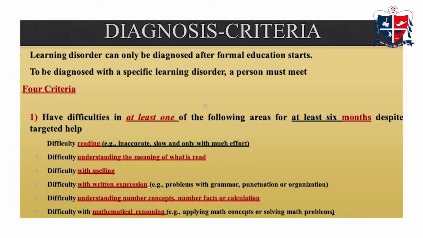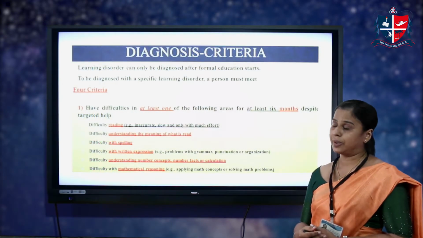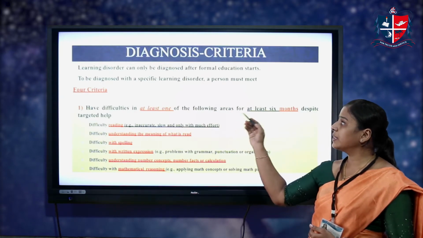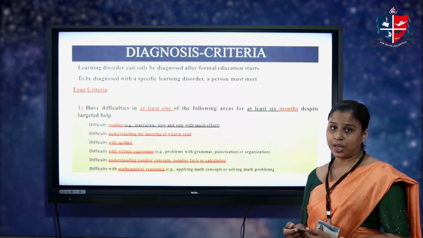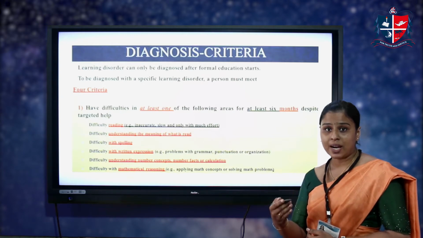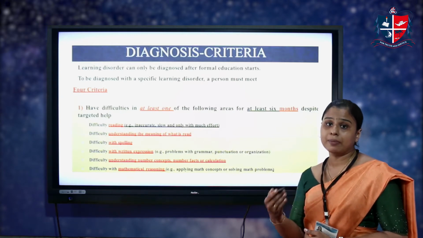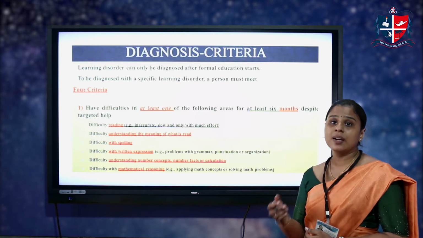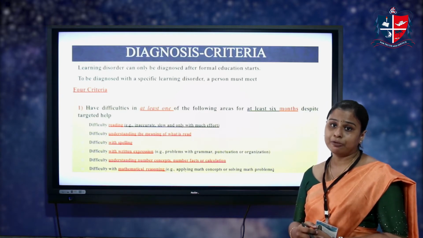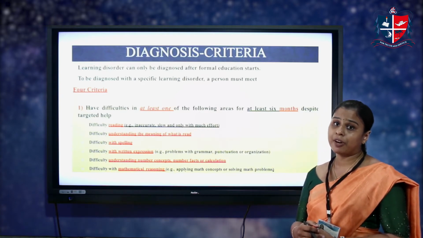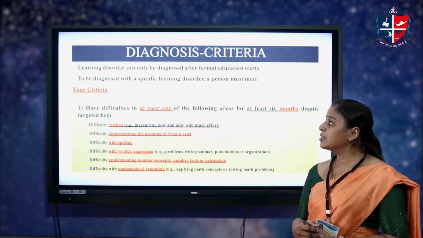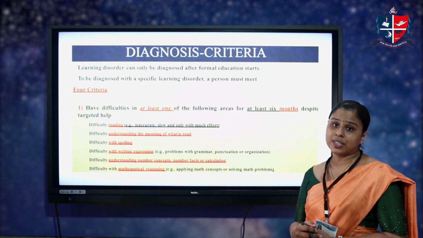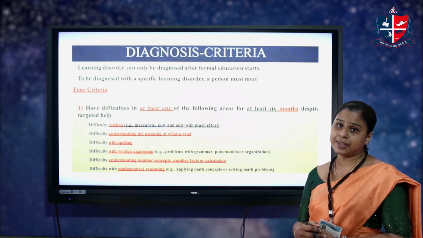Next, what are the criteria to diagnose a learning disorder? It can be diagnosed after formal education begins. That is, when a child enters academic life, we have to identify whether the child has any disability regarding learning. There are four major criteria given by DSM-5.